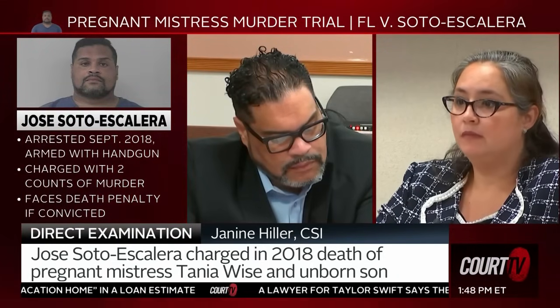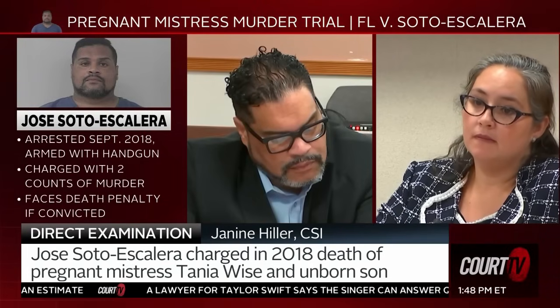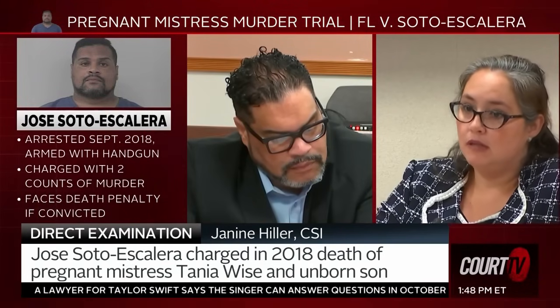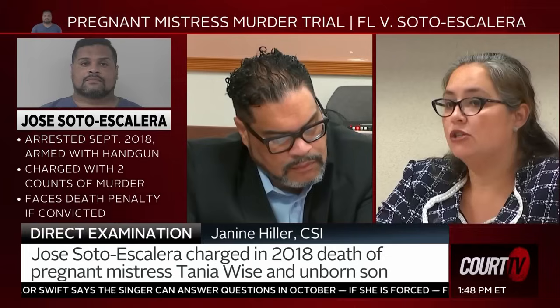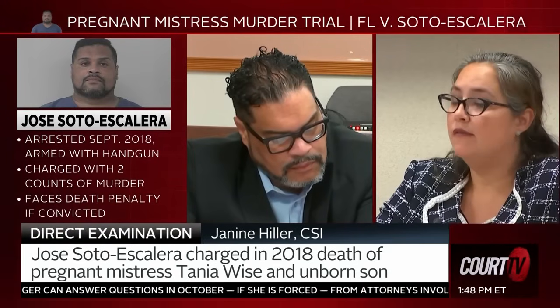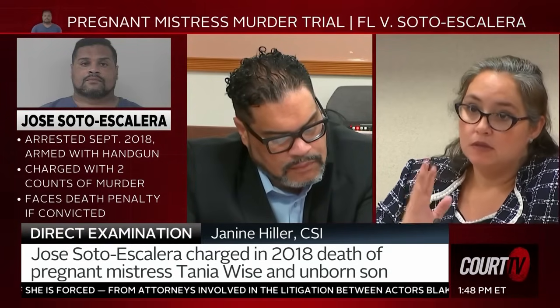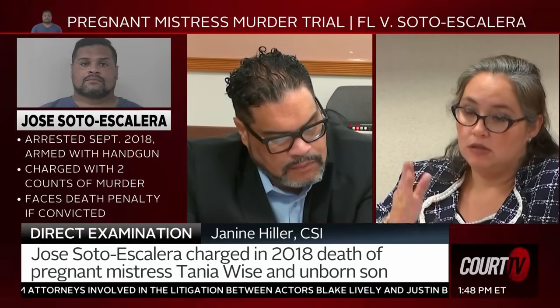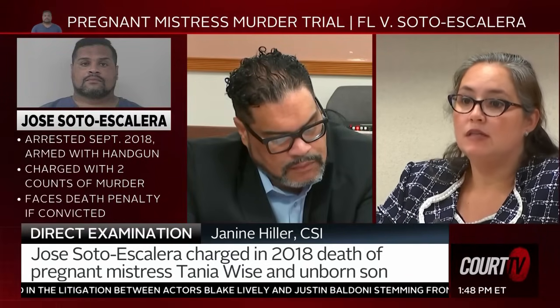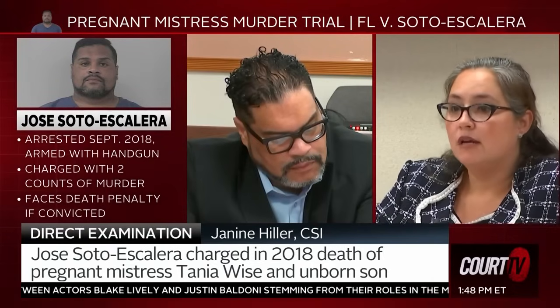State's Exhibit 47. What are you documenting in this photograph? This is just some of the overall pictures that we tend to take whenever we are documenting a crime scene. This is the victim still looking towards the east. You can see her head is to the east, her feet are to the west, and that's on that southern side of Russo's Road.